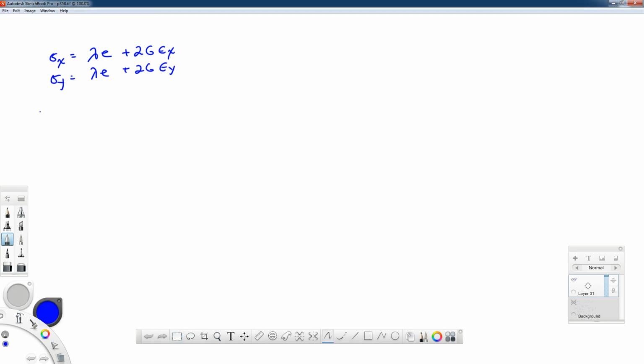Alright, so we'll add these two terms together. So sigma x plus sigma y will be equal to lambda e plus 2g epsilon x plus lambda e plus 2g epsilon y.